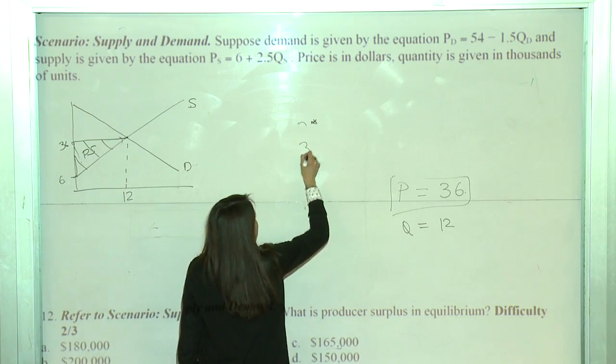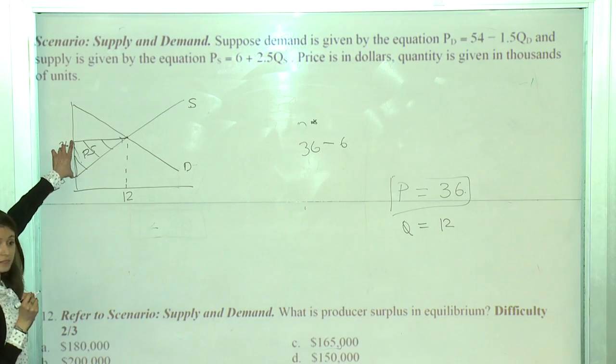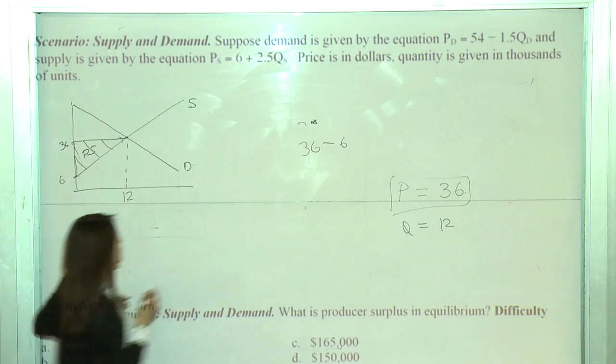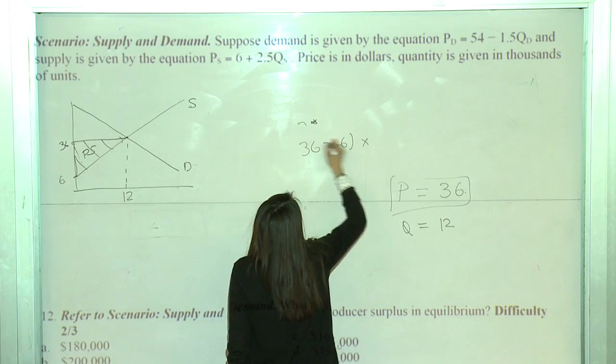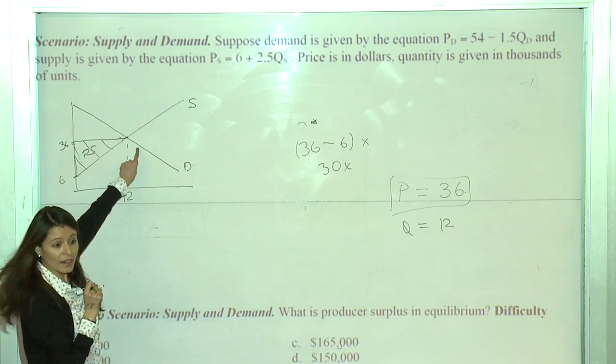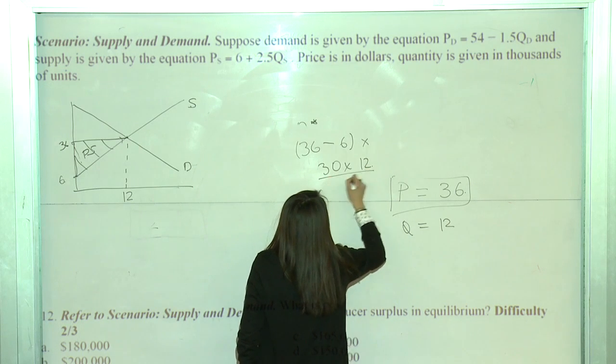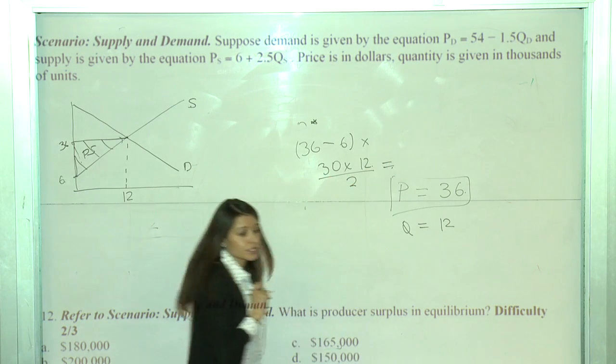It is 36 minus 6, the base here, which is 30, times 12, which is the equilibrium quantity, divided by 2. And that is equal to?